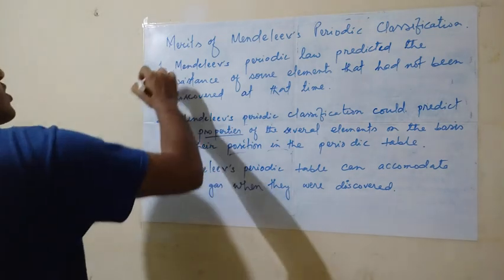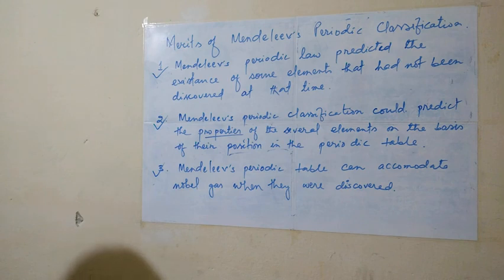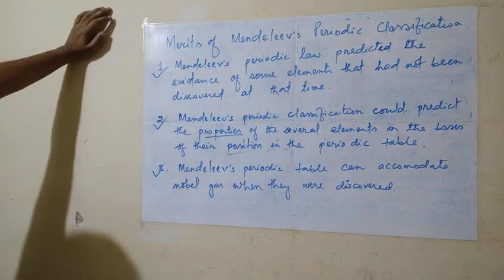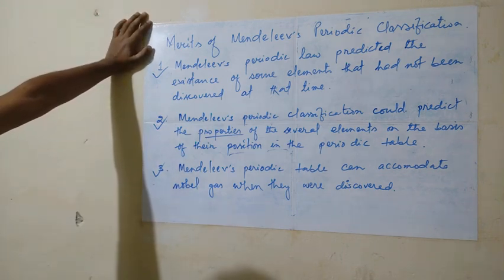These are the three most important achievements of Mendeleev's periodic table. The first one is that Mendeleev's periodic law predicted the existence of some elements that had not been discovered at the time.